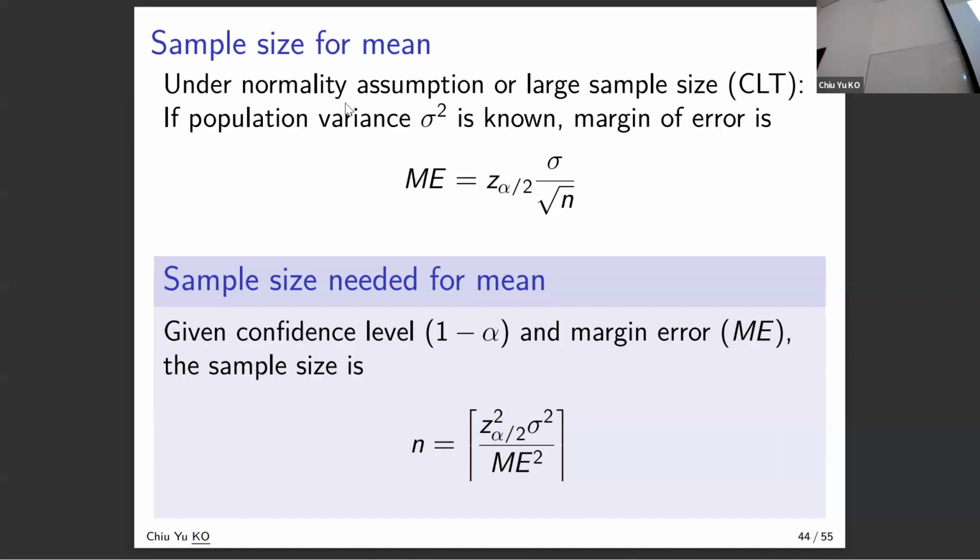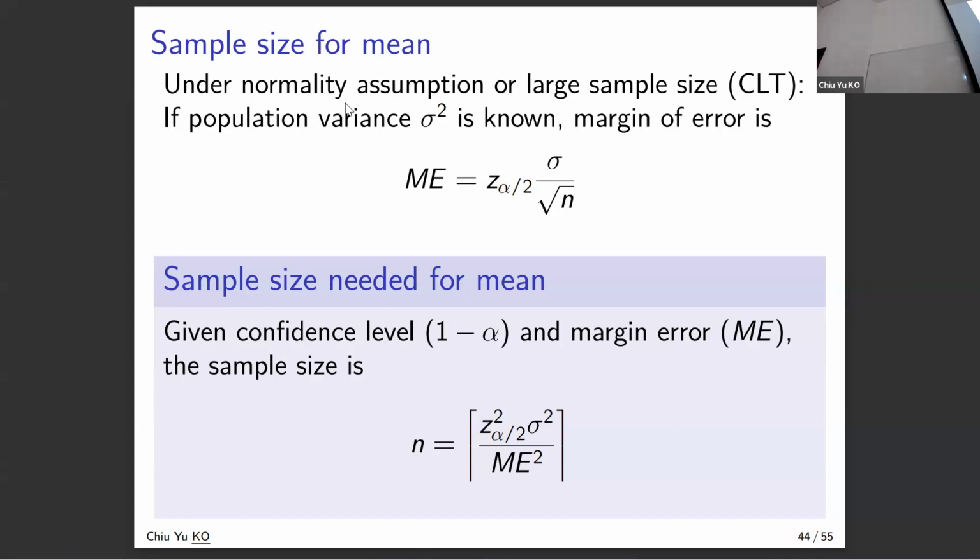And the variance is inversely related to n, right? The bigger the n is, the smaller the interval gets. So you need to tell me how accurate you want, which your boss will tell you. Then you can tell your boss how big the sample size is, right?